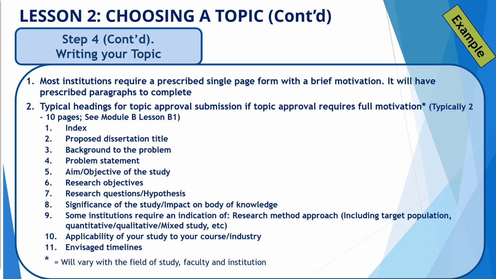And then lastly, they want the envisaged timelines. Now, this is not a thumb suck, but this is something that you have to consider. When are you going to do your research proposal? By what time will you have your different chapters completed? And overall, when do you expect your study to be completed altogether?